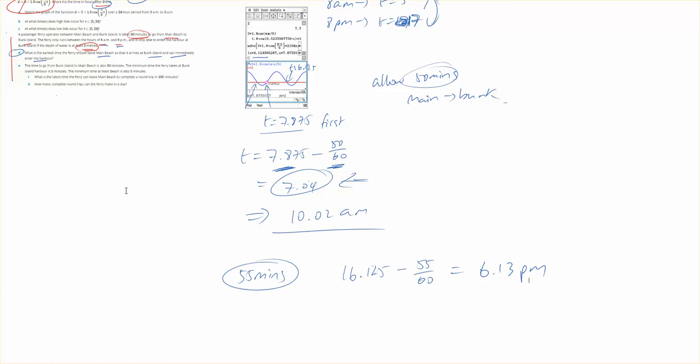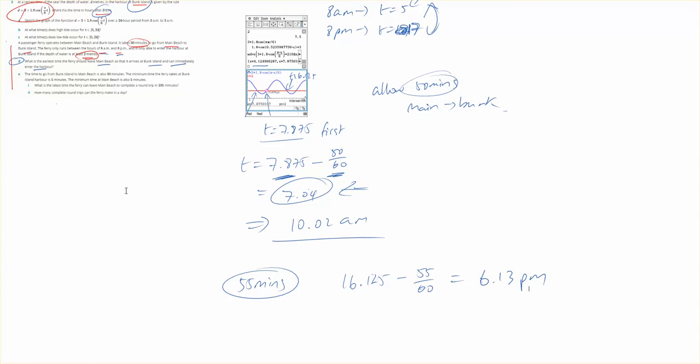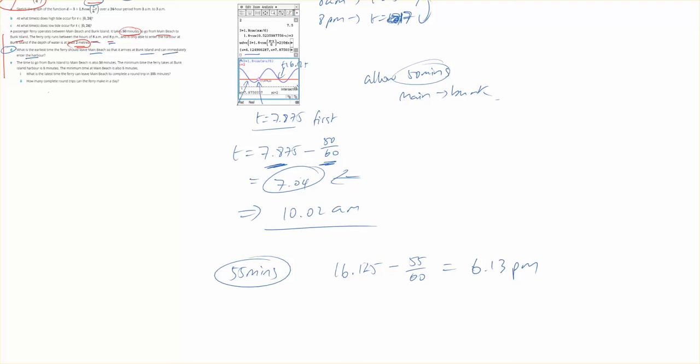Now, how many round trips can the ferry make in a day? We can assume that each trip takes 105 minutes. We're starting our first trip. The first possible time is t equals 7.04, the first time it can start the trip.